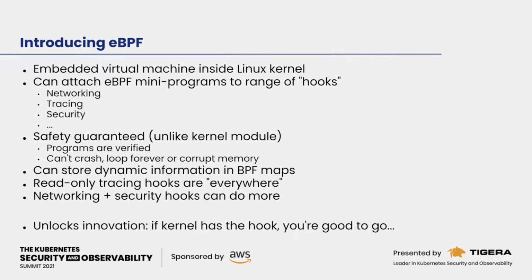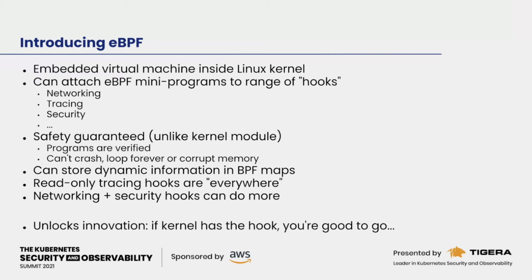eBPF is a general purpose virtual machine that lives within the Linux kernel. If you're familiar with things like the .NET virtual machine or the JVM, the Java virtual machine, it's in that vein. It has a bytecode-like set of machine instructions that you can feed into it, and it has its own language for that, which is the eBPF bytecode.